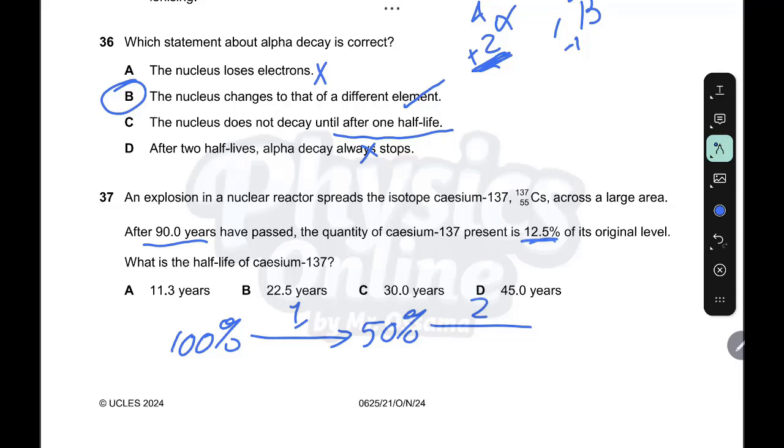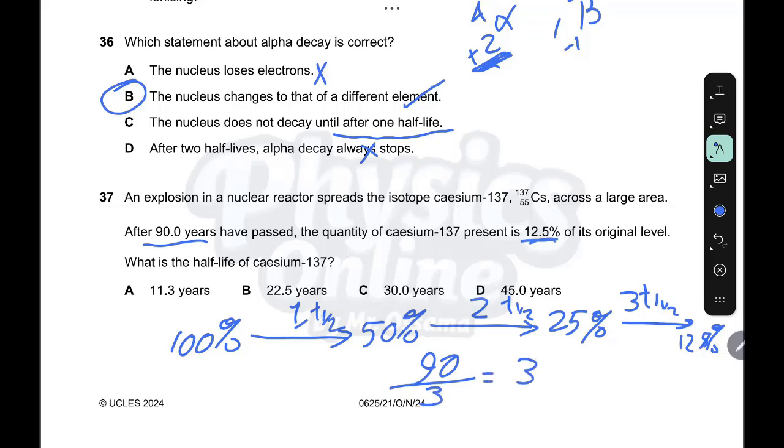After the second half-life, it decreases to 25%. After the third half-life, it decreases to 12.5%. So 3 half-lives have passed. These 90 years represent 3 half-lives, so 1 half-life is 30 years.